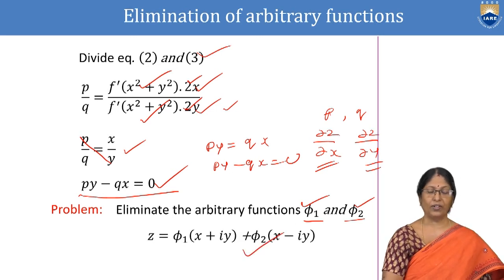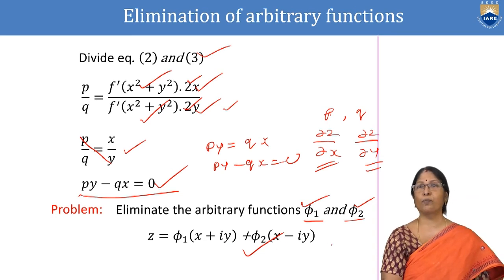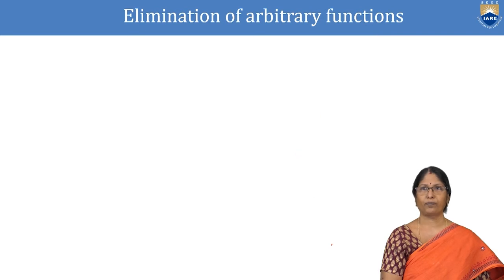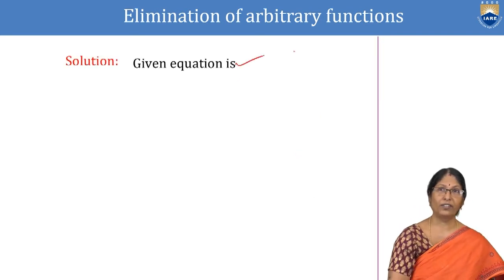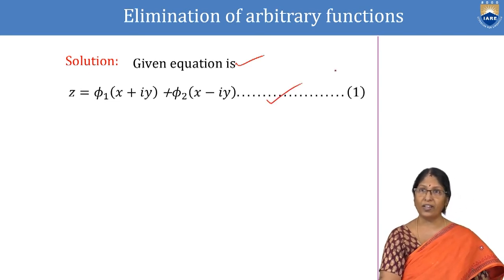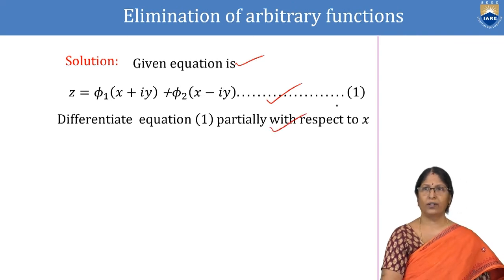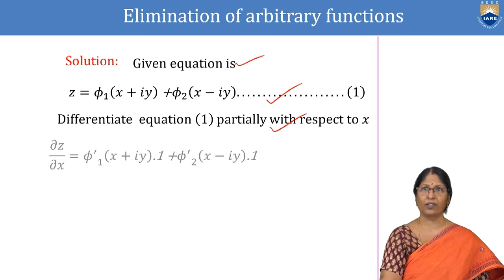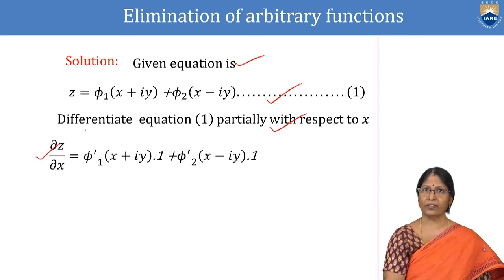So this is our z equal to pi 1 of x plus iy plus pi 2 of x minus iy. The given equation we named as 1. Now equation 1, we differentiate partially with respect to x. So dou z by dou x.